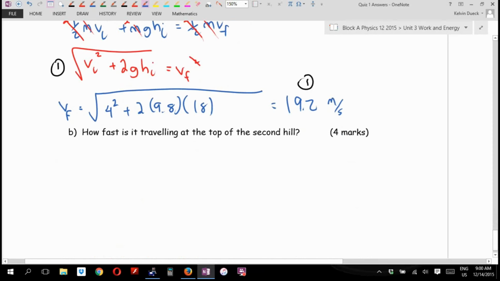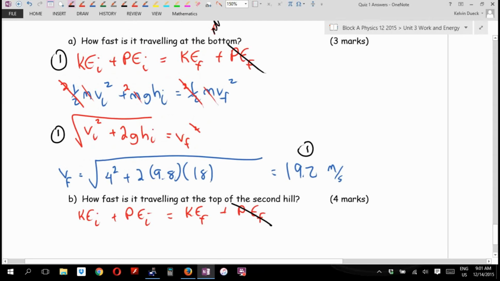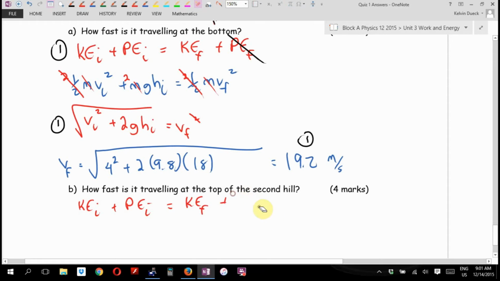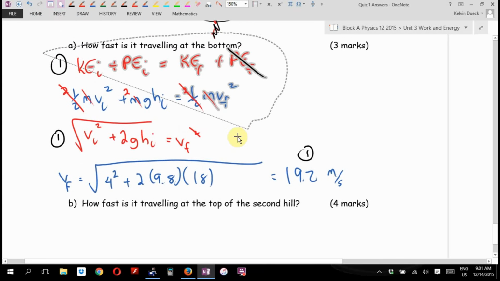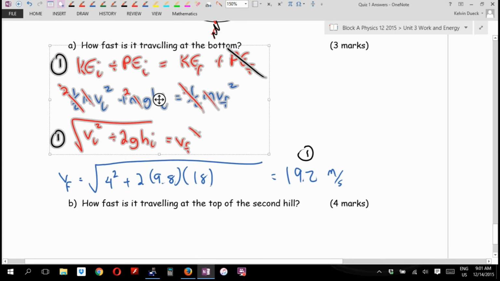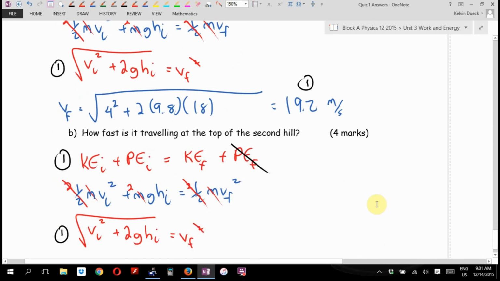Ready? So we start out with the KE initial plus PE initial equals KE final plus PE final. And so you're saying by doing that, if I'm not mistaken, by making that clever little move there, you turned it into that question, did you not?